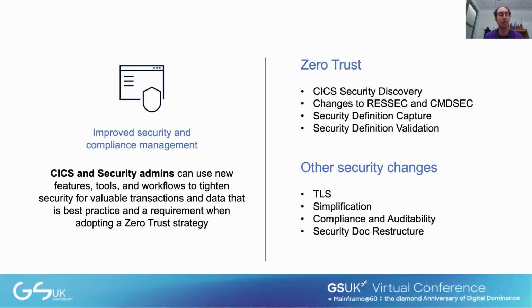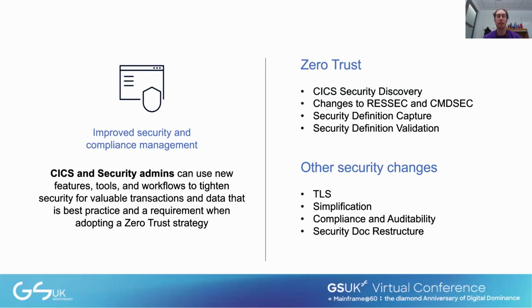And importantly, in the current climate, can you prove that you are set up in a particular way? Can you prove that you've got this particular level of security? Can you prove that particular checks are taking place, when it comes to auditing and other external bodies that may be interested in knowing the security status of your CICS regions?